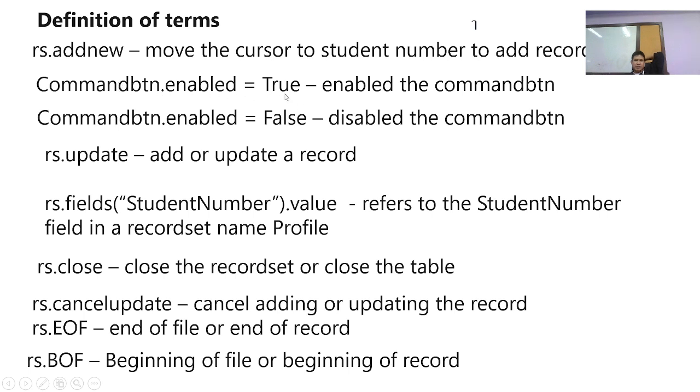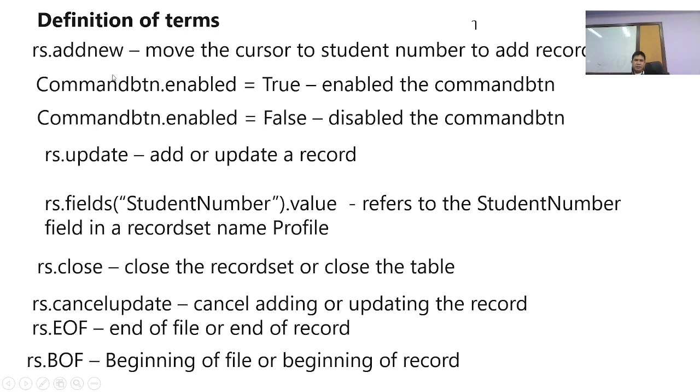So you can enable the button or you can also disable. If you set the button enabled to false, the button will be disabled. Later I will show you how to do this in Visual Basic.